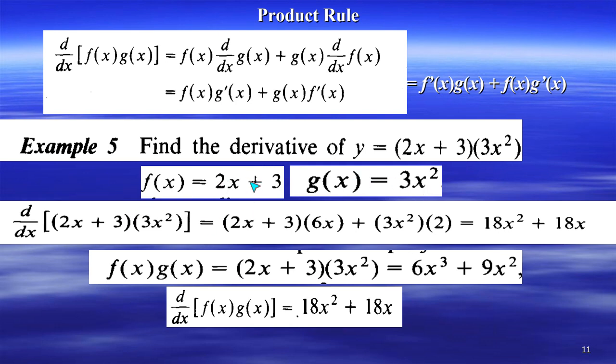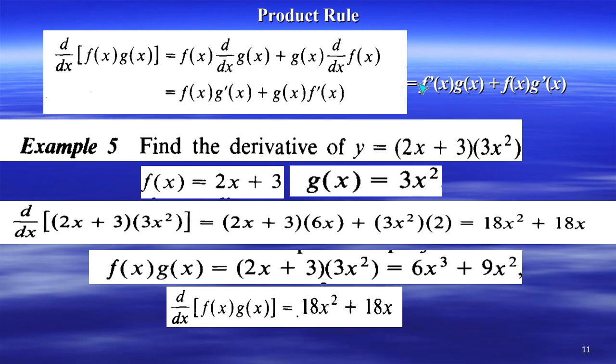For instance, if we follow the book's formula, we take the first one and multiply it with the derivative of the second one, and then take the derivative of the first one and multiply it with the second one.